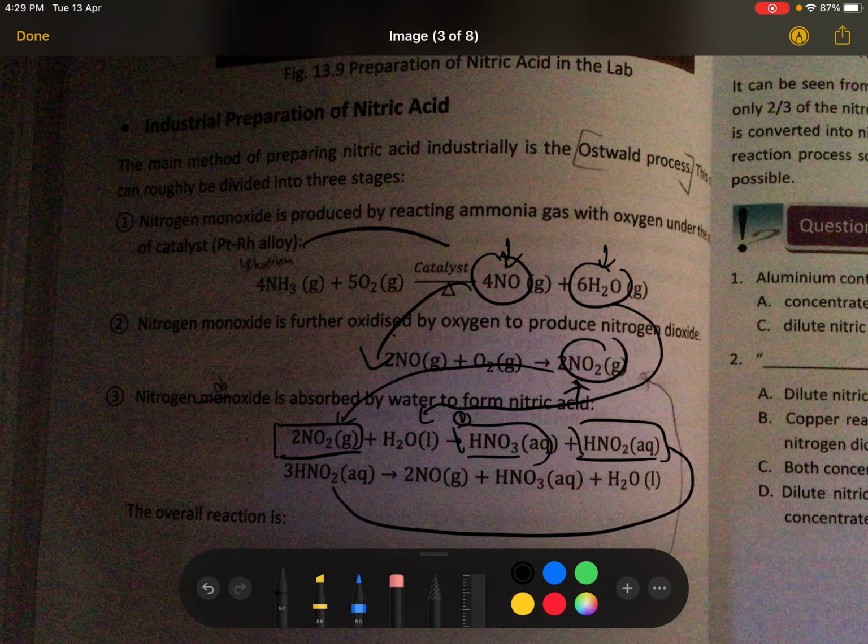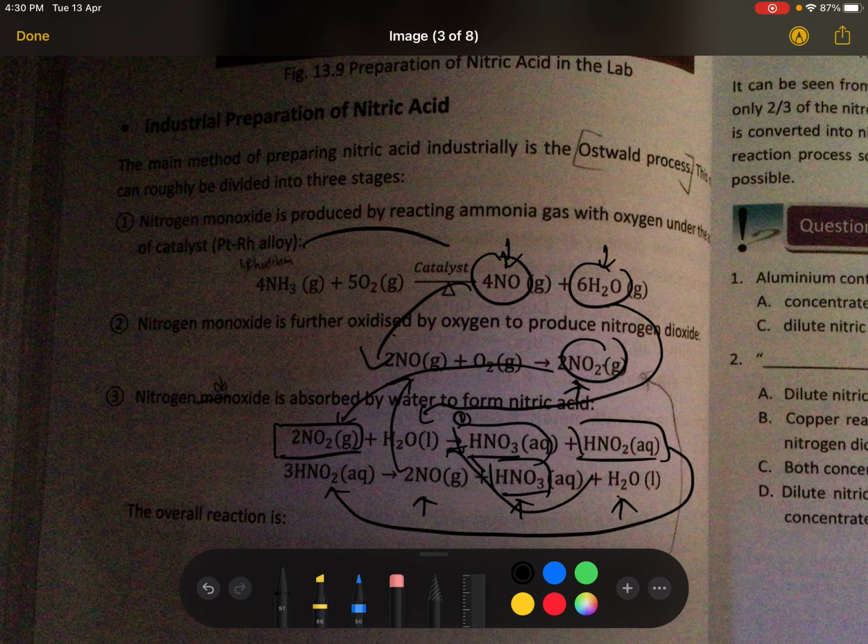So you have one here. This nitrous acid doesn't go back, it reacts further. It decomposes into nitrogen monoxide, nitric acid, and water. This nitric acid is the one produced. The water goes back here, and the nitrogen monoxide goes back here, continues, and becomes NO2.